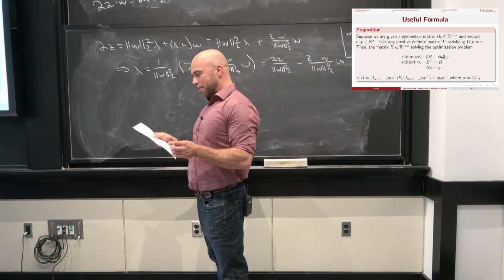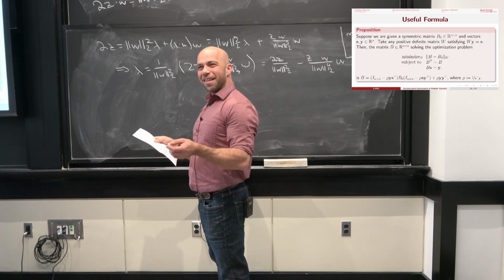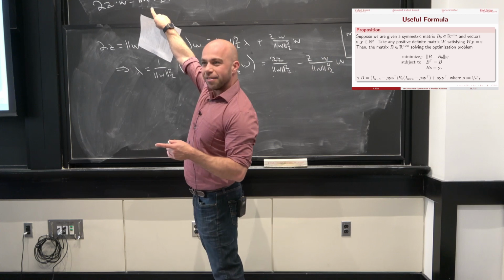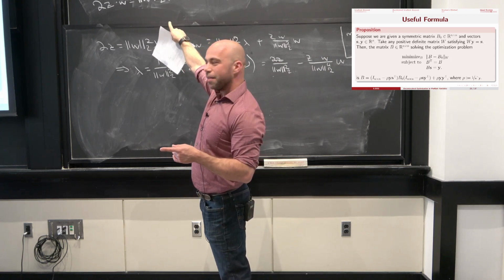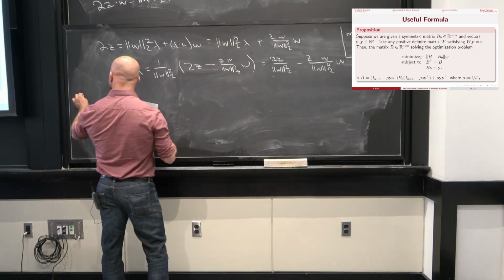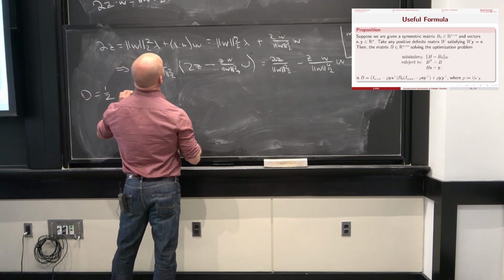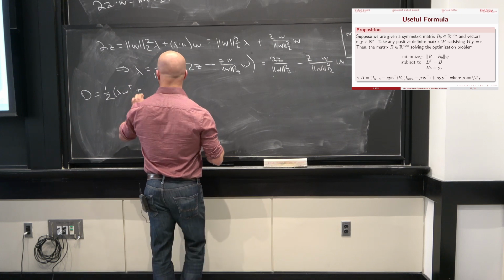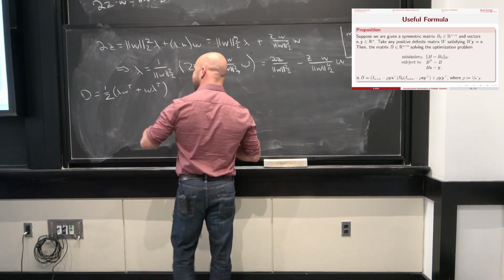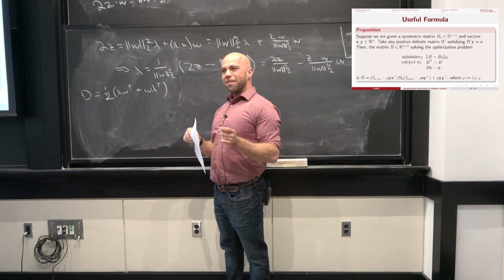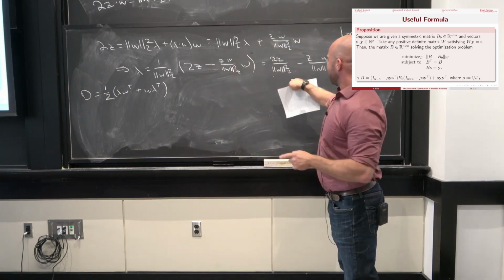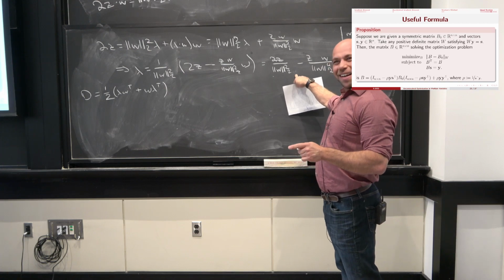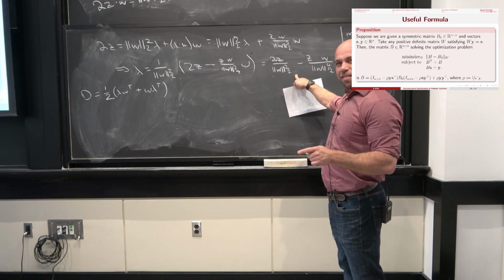We have to do one more ugly thing. I keep saying that. Remember that we have this expression from the D equals 1/2 (D plus D transpose) thing. We know that D is equal to 1/2 (lambda w transpose plus w lambda transpose). Now we have a formula for lambda, so guess what we're going to do? We're just going to plug it in and suffer.